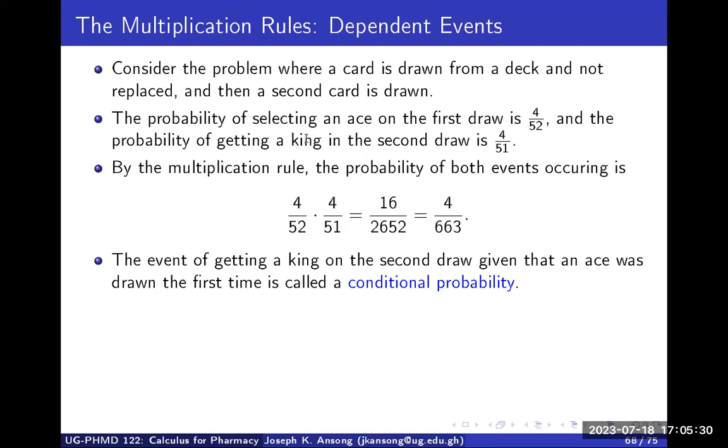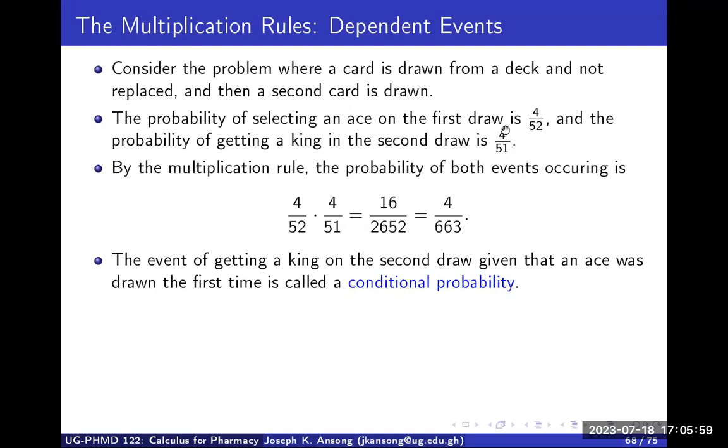But the total number of cards is now 51 because we have selected an ace already in the first draw. So the total number has reduced. So the probability of getting the king in the second draw is 4/51. Okay. Now if the first one was also a king, remember, then we are going to have 3/51.